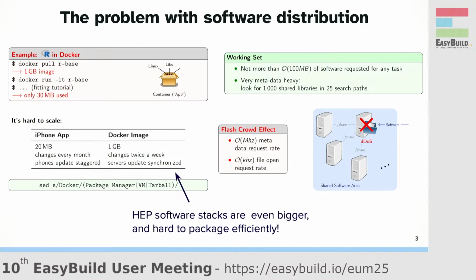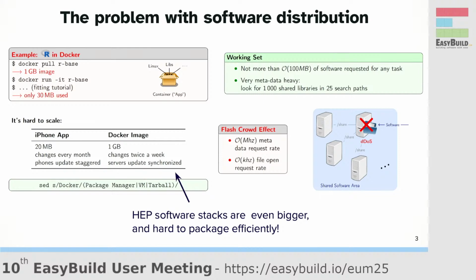Especially in a scientific context with distributed computing resources, you tend to have jobs that all try to start on all machines at the same time. In the past, also at CERN, we used to use a shared file system. Who knows the Andrew File System, AFS? There you go. It's actually quite nice. We still use it for home directories.